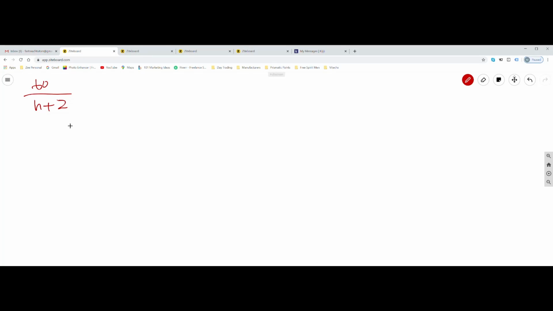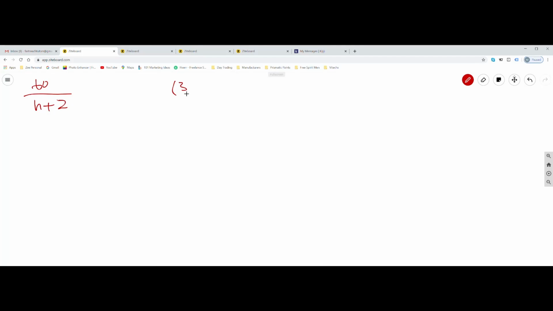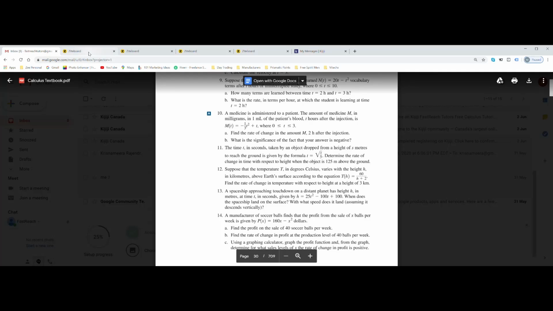So you have x plus h, and you have the point 3. If you put 3 into this equation, it's 5, 60 divided by 5 is 12, right? Yep, 3 and 12.